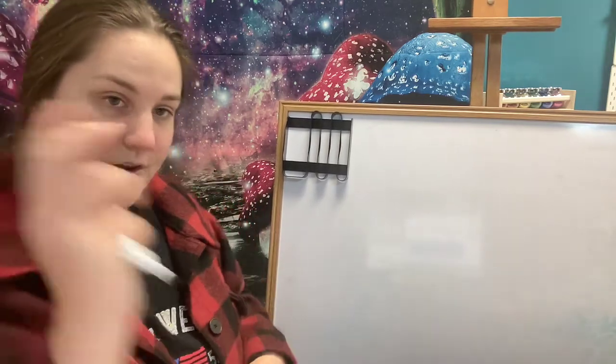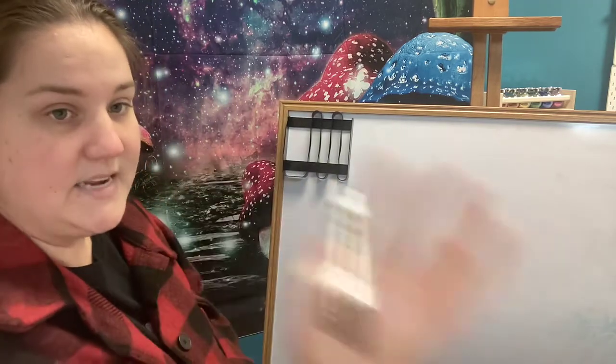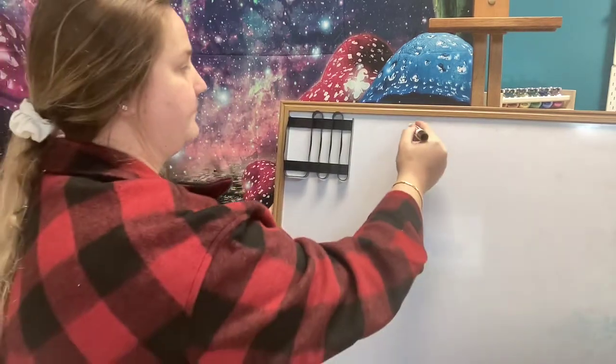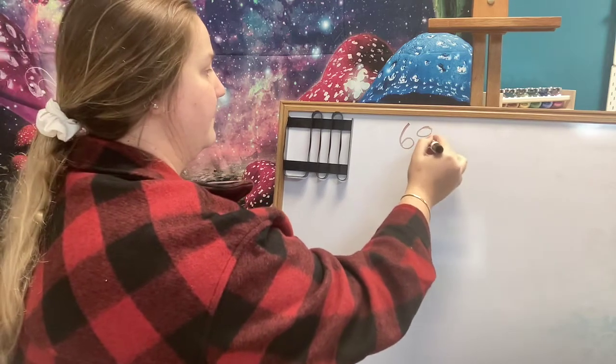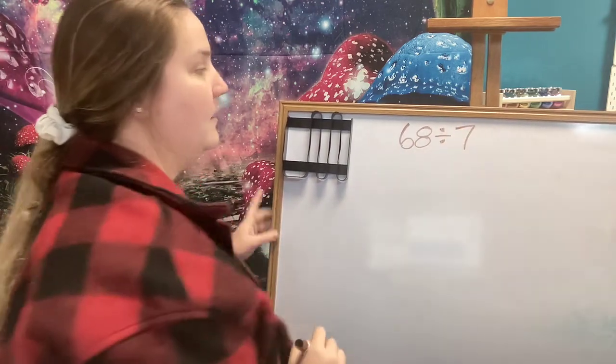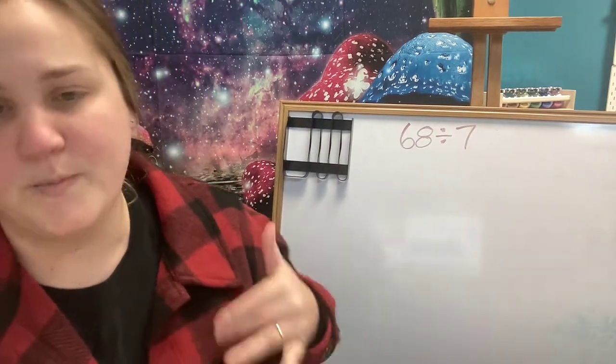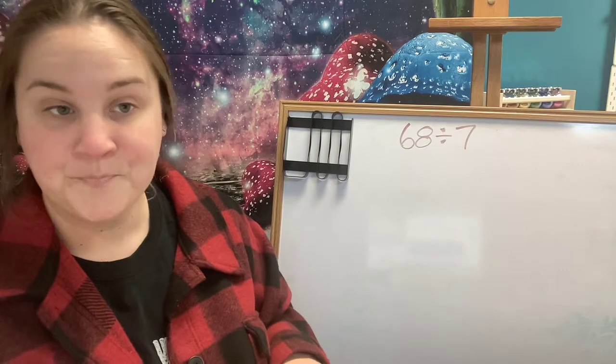And long division looks like this. You're given a problem. So let's say you have 68 divided by 7. And I'll write it up here. Okay, and you want to find the answer. Well, we know that we're working with remainder, so we're going to have a remainder, right?